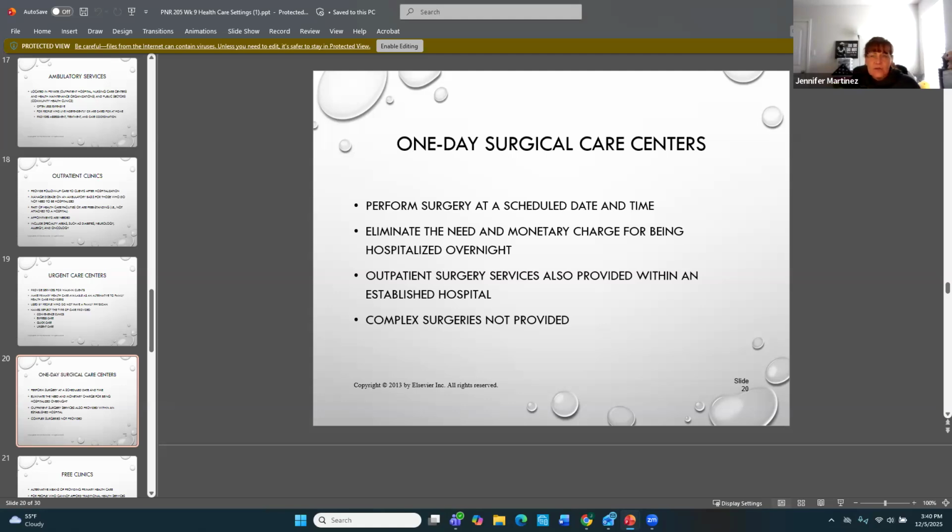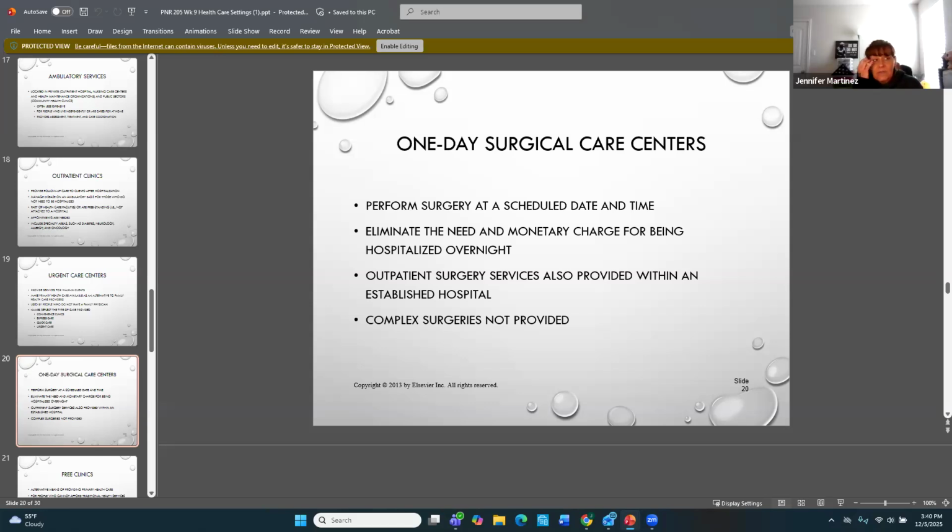They go in for their surgery, and then once you've recovered from anesthesia, right, you're stable, you get to go home. So what does it do? It prevents the charges for being hospitalized overnight, because hospitalization's expensive.